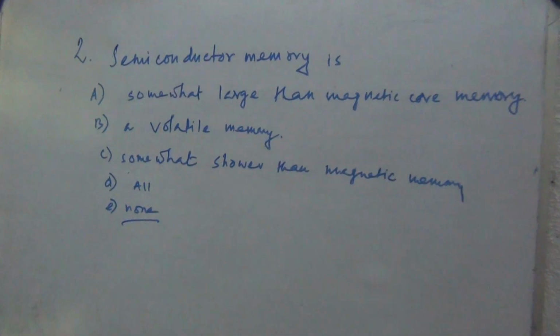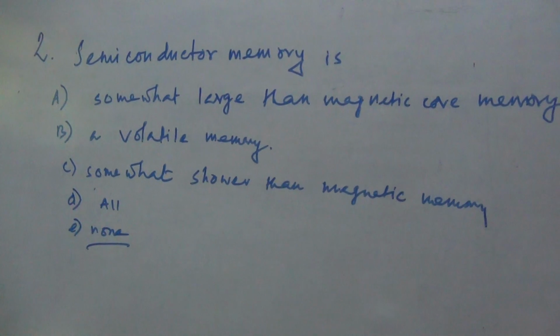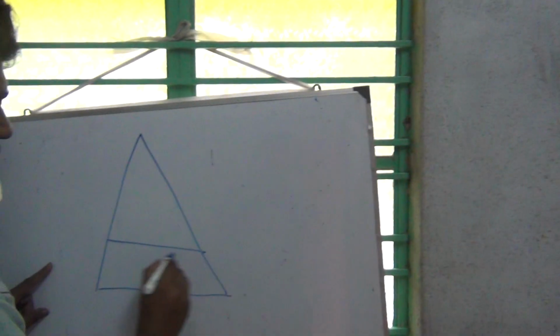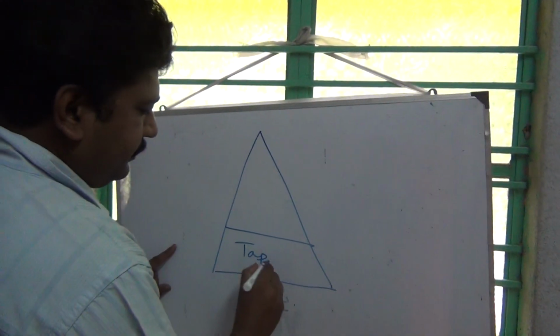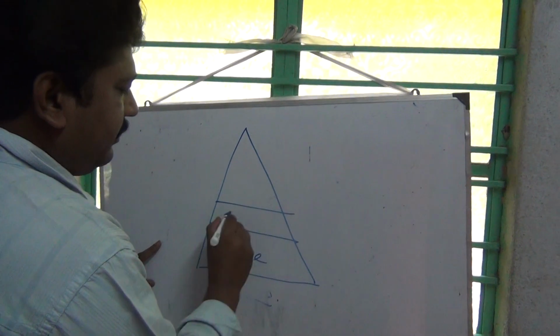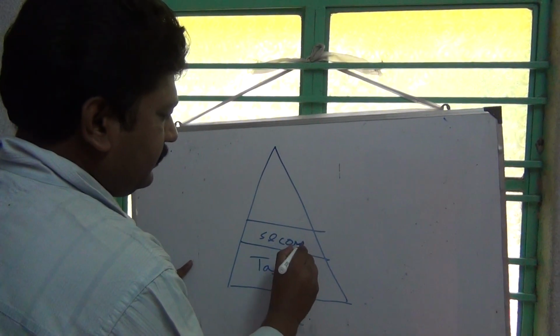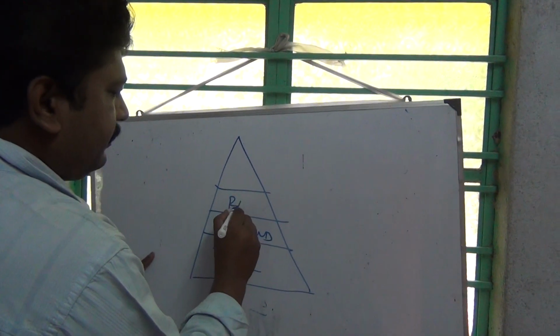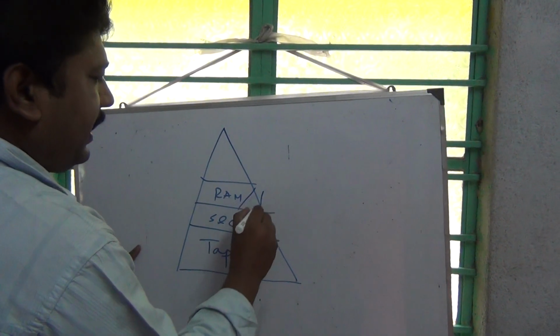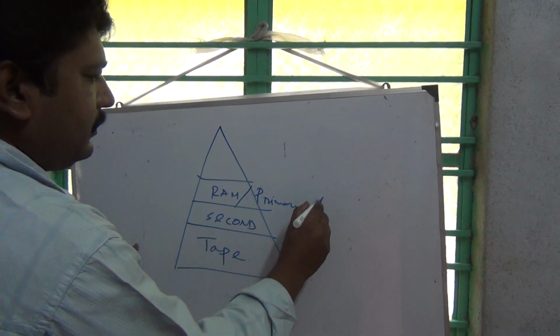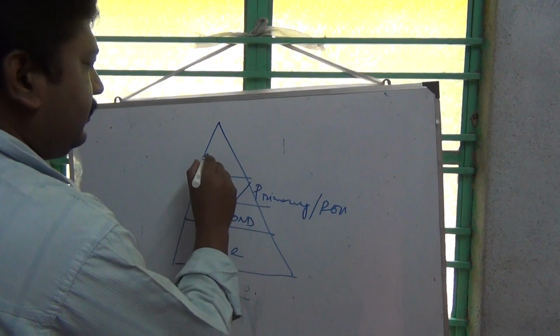Now, look here at the board, that is the memory hierarchy: the tape or secondary memory, RAM or primary memory, ROM also will be there.